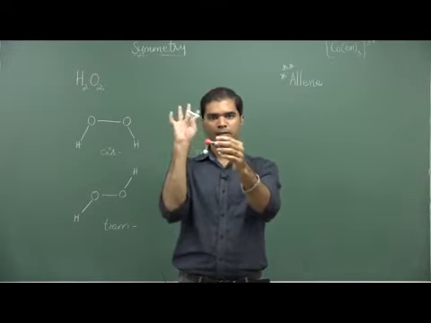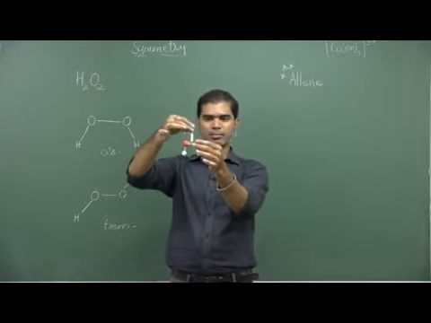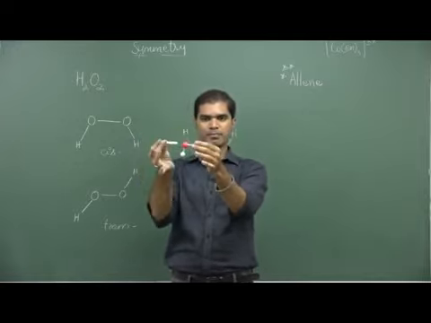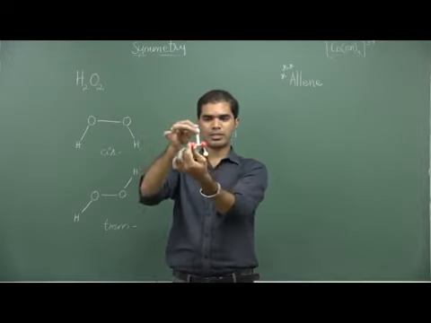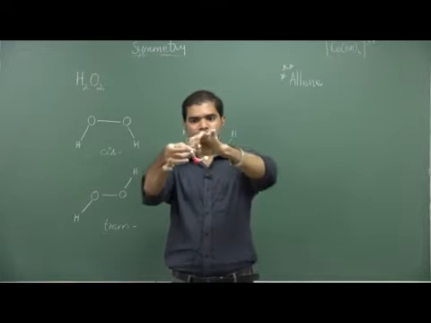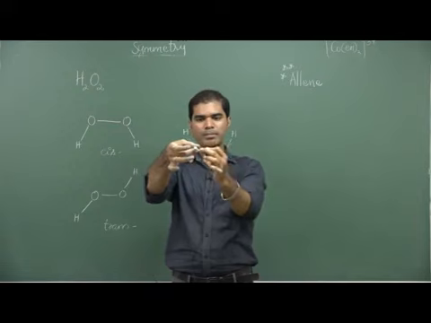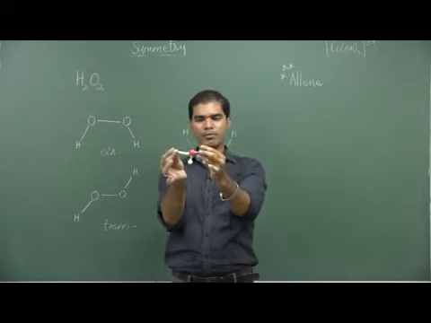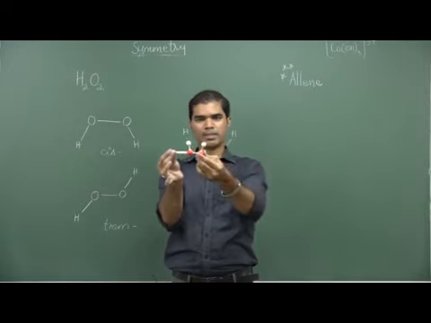If you are trying to imagine the coordinates, when I am holding the molecule in this particular orientation, this becomes Z, this becomes X, this becomes Y. Along Z, if I pass a C2 rotational axis, C2 is present. Along X, if I try to pass, that C2 is absent because the two hydrogens are going up. Along Y, if I try to pass, the two hydrogens which were down are now facing up.